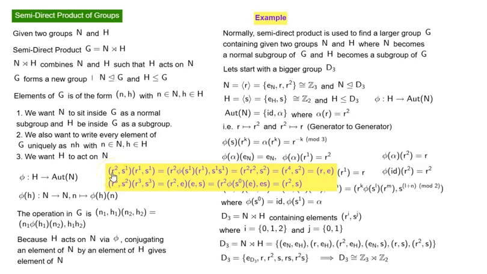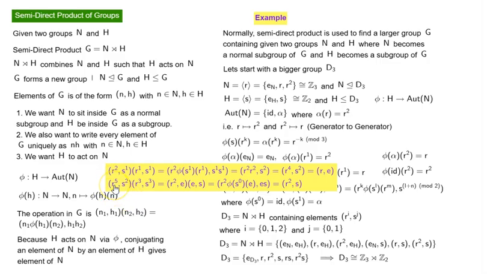This is rotation twice, rotation by 120 degrees, times R to the power of 1, comma, S to the power of 1, is equal to, and we carry out these operations and we end up with R, comma, E sub H, one of the elements.